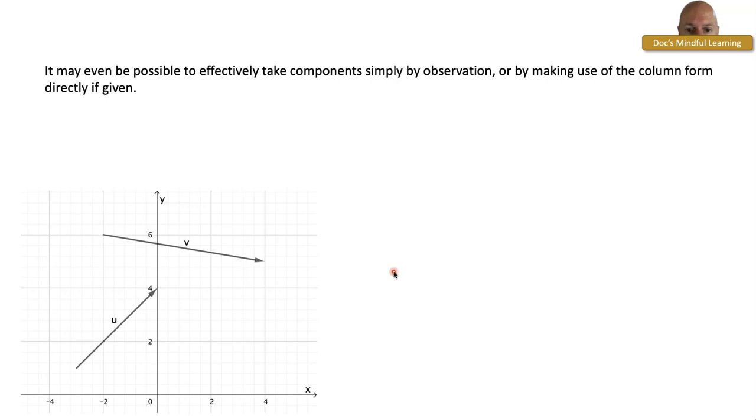Now, we can also simply take components by observation if we have that possibility, or if the column form of the vector is given, use it directly. So vector u, we can see from the column form, is 3 in the x direction and 3 in the y direction, so we can write it like as shown. Similarly, vector v is in column form 6, minus 1.